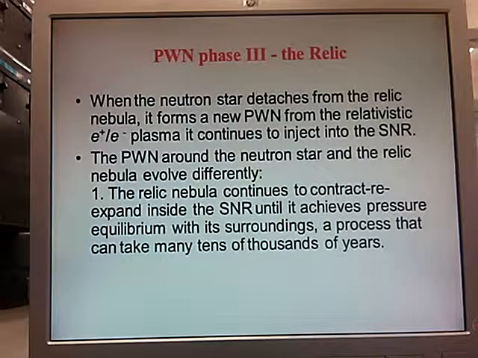But in the meantime, what is the neutron star doing? What do you think? It's still continuing its life. So it's going to go ahead and do what?